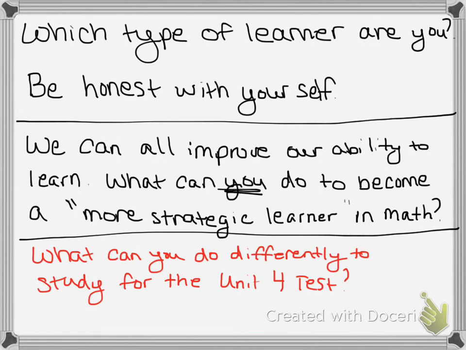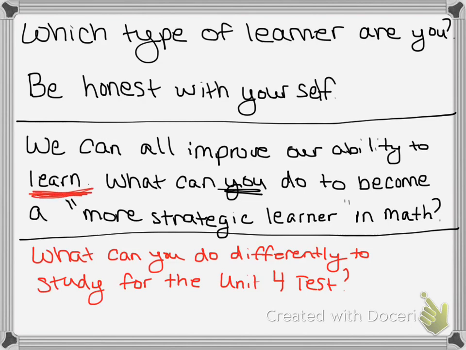Which type of learner are you? Are you a strategic learner or are you a non-strategic learner? I want you to be honest with yourself. Look back at those characteristics and see what you think you are. Do you exhibit characteristics of both or just one? Now, we can all improve our ability to learn, even me.